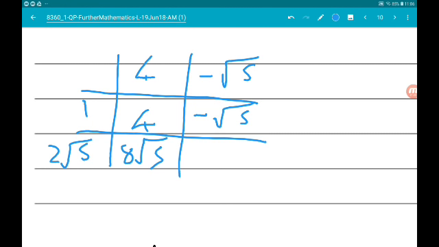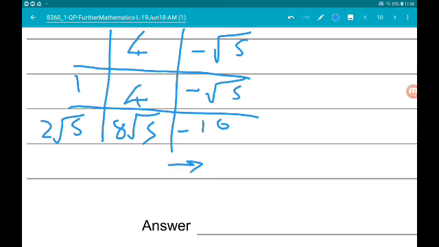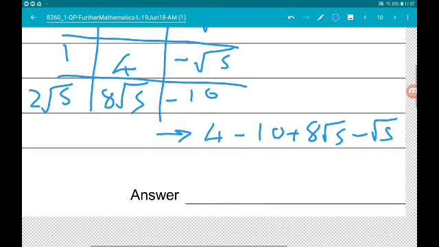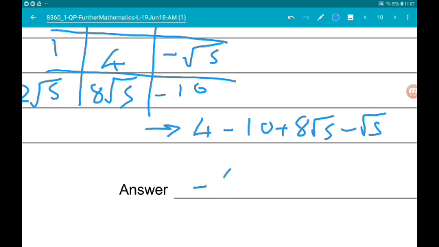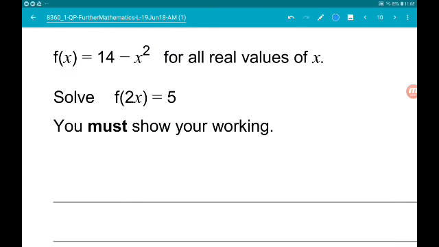So we've got minus 2 times 5, which is minus 10. So we get 4 minus 10, add 8 root 5, minus 1 root 5. 4 minus 10 is minus 6. And then we've got add 7 root 5. Cool.